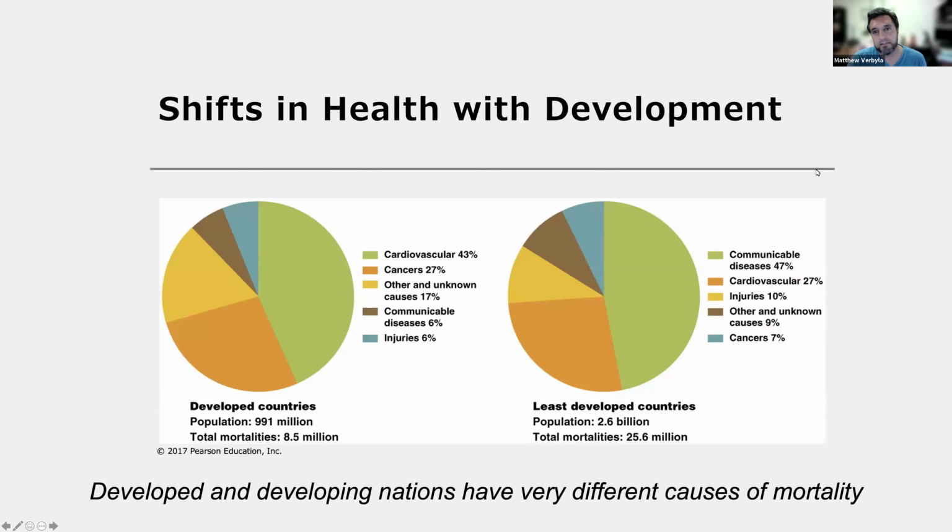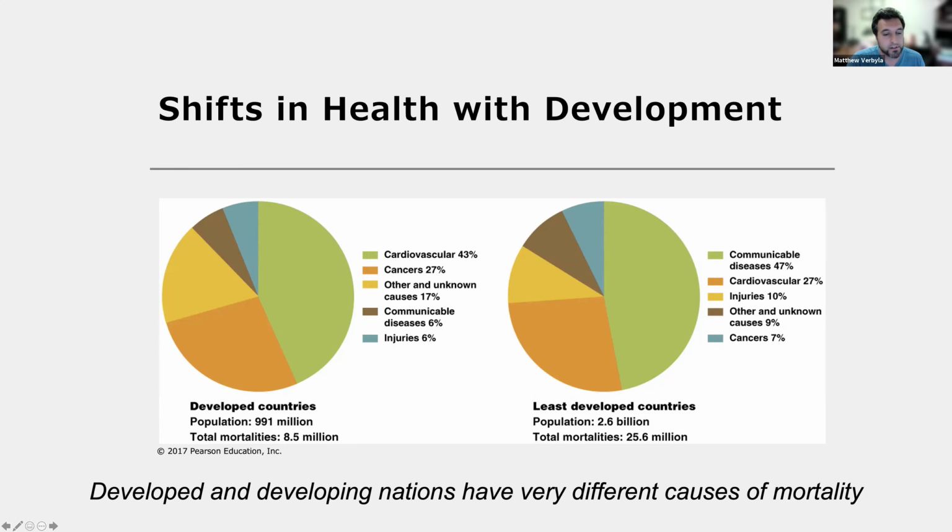We see shifts in health patterns with development and with increases in affluence. So developed nations or high income nations and developing nations or low income nations tend to have very different causes of mortality. In general, the least developed countries, lower income nations, tend to have the highest impact on health coming from communicable diseases, like infections caused by lack of water and sanitation, lack of hygiene.